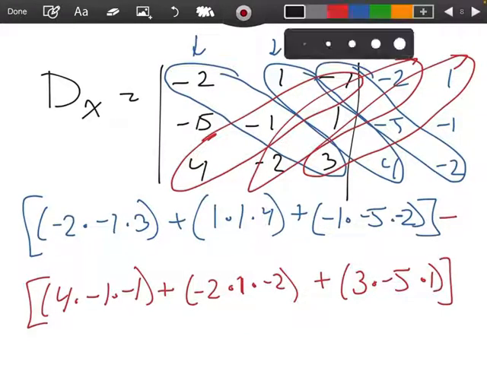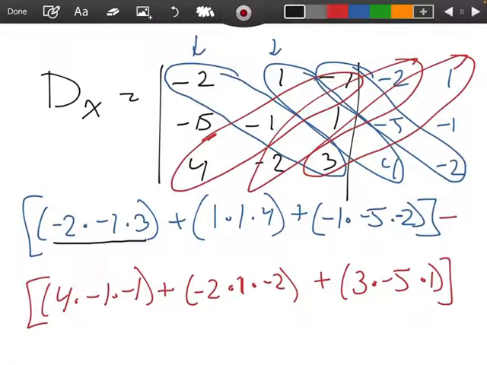Okay? So now let's do this in pieces. -2 times -1 times 3 is a +6. Plus 1 times 1 times 4 is a +4. Plus -1 times -5 times -2 is a -10.